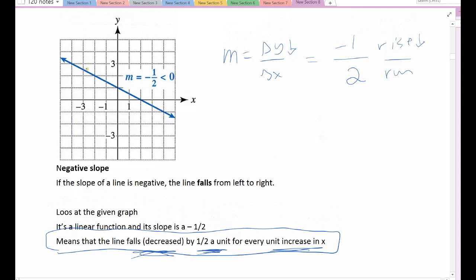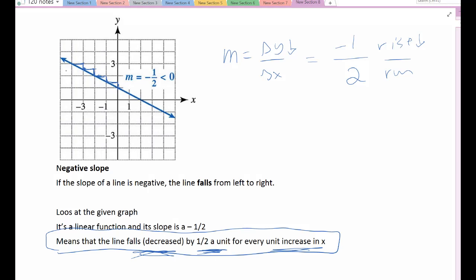If I look at this point here, if I go over by 1, I decrease by half a unit. Again, if I go over by 1, I decrease by half a unit. And that works anywhere on the graph. That's what the slope is telling me. It's telling me how fast, which in this case is not super fast, my function decreases.